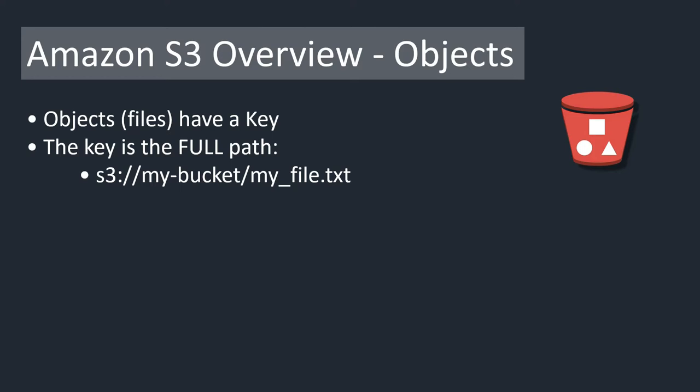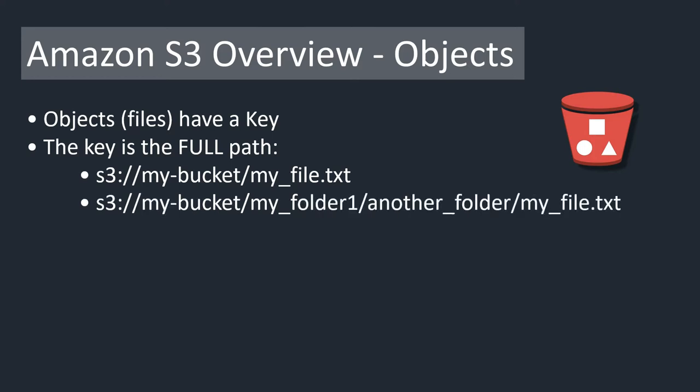It is the blue part. But if we have folder structures within our S3 buckets, so my_folder1, another_folder, and my_file.txt, the key is the full path. So again, the entire thing is blue.